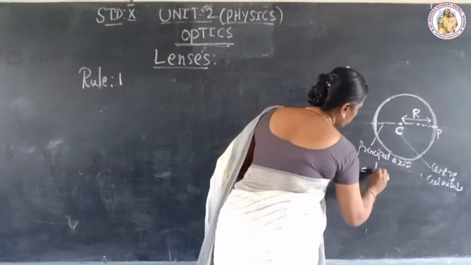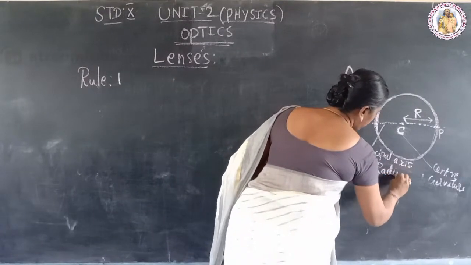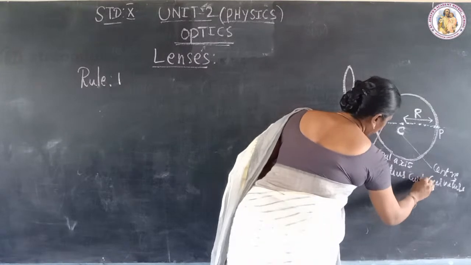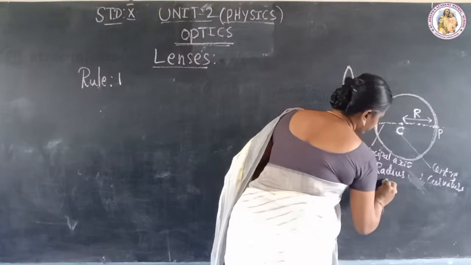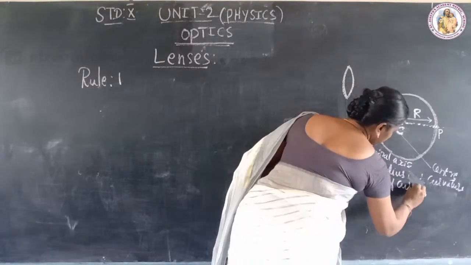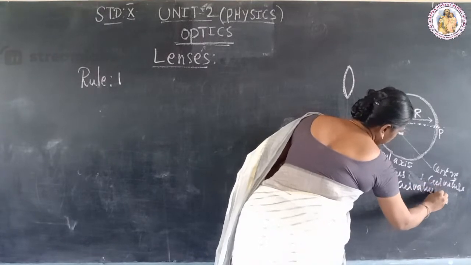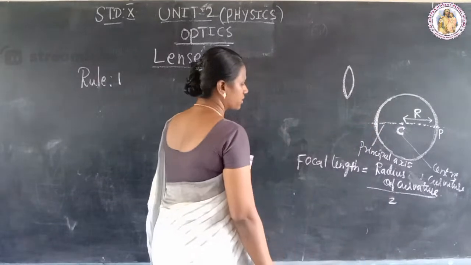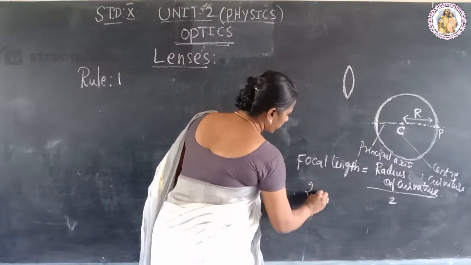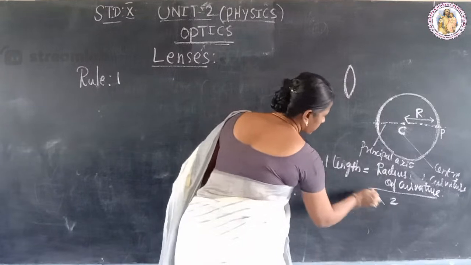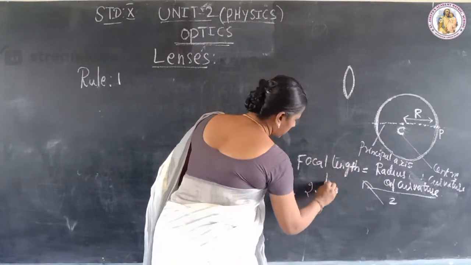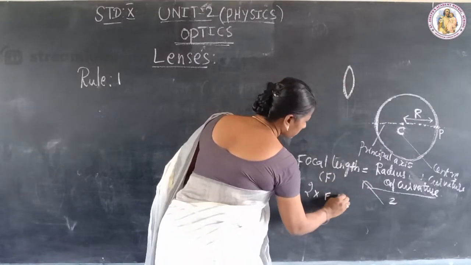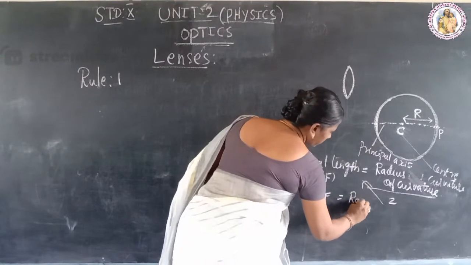Focal length is equal to radius of curvature divided by 2. That means 2F equals R, where F is the focal length and R is the radius of curvature.